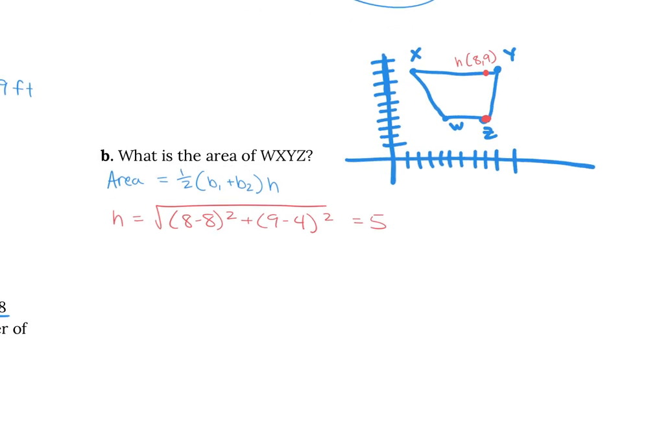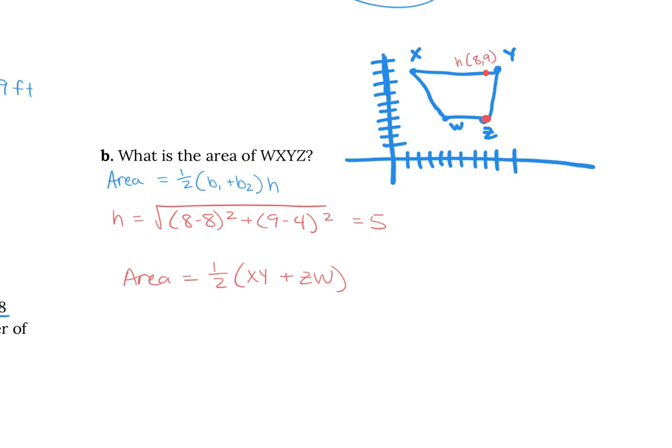Now I can plug in my other side lengths to find the area of this trapezoid. All right, my base 1 is going to be the top, so XY. My base 2 would be that bottom, so ZW.